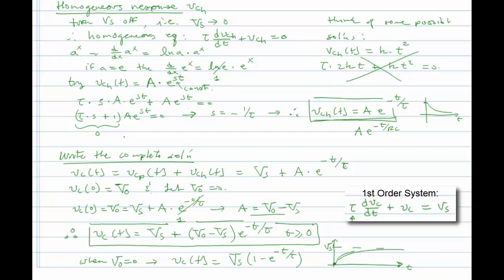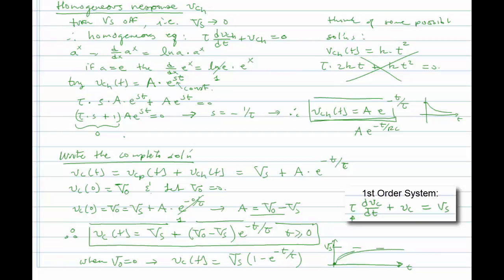Now, just some things to think about. Notice that if you find that the particular solution, being Vs this time, is a solution to the differential equation, which we found it was, then if you take that particular solution and add the homogeneous solution, the combination of the two is still a solution to the differential equation.